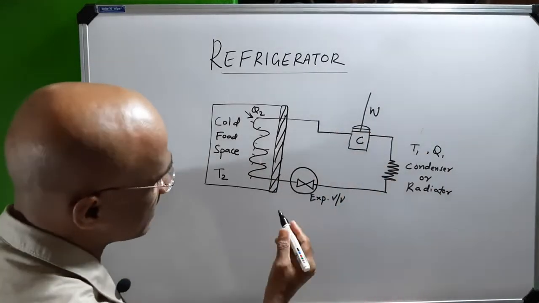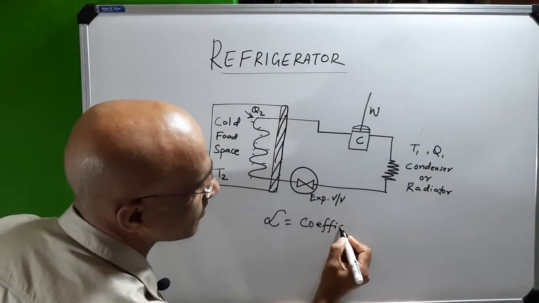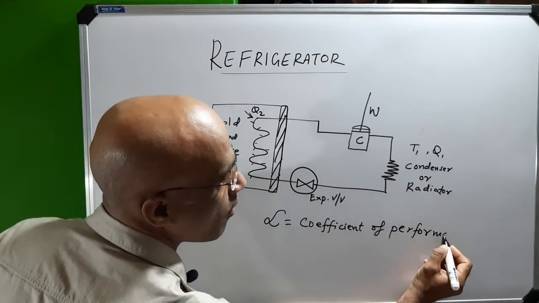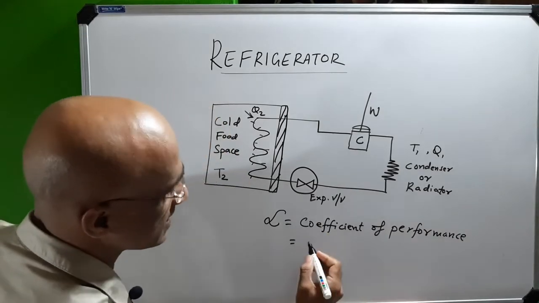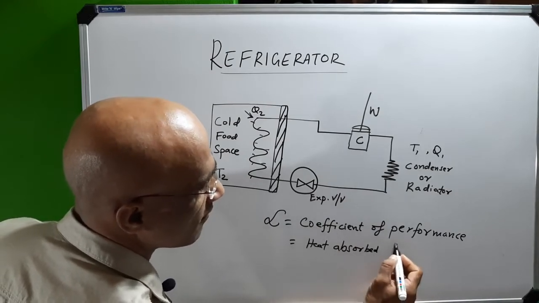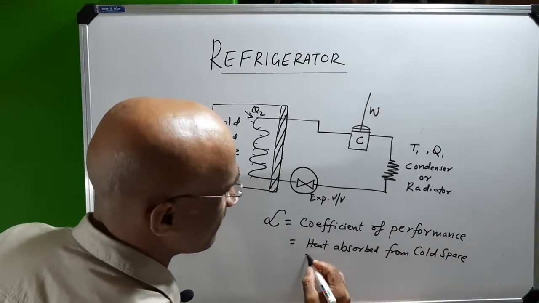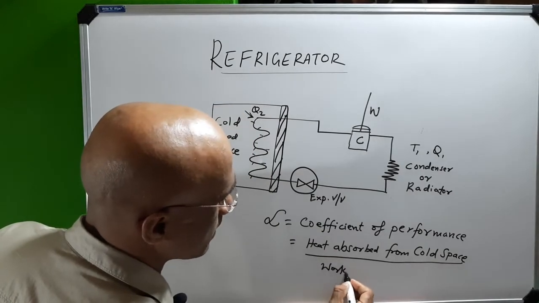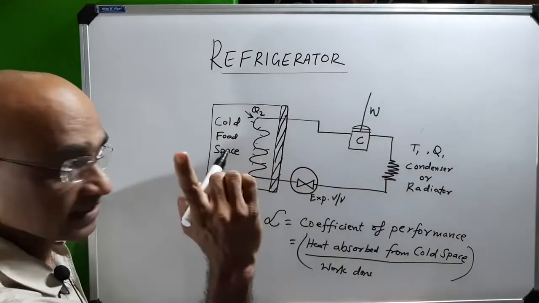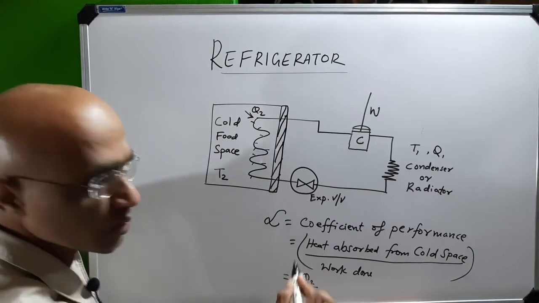So to discuss the coefficient of performance, we call this alpha the coefficient of performance, which is nothing but the heat absorbed from the cold space divided by the work done by the compressor on the refrigerant, which is equal to Q2 divided by W. Let us say that.